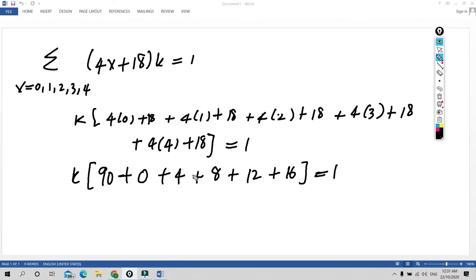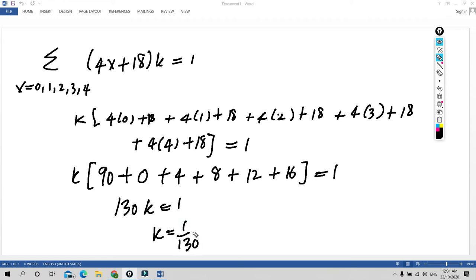So this is 20, 20 plus 20 is 40, 40 plus 90 is 130. So 130k is equal to 1, which means k is equal to 1 over 130.